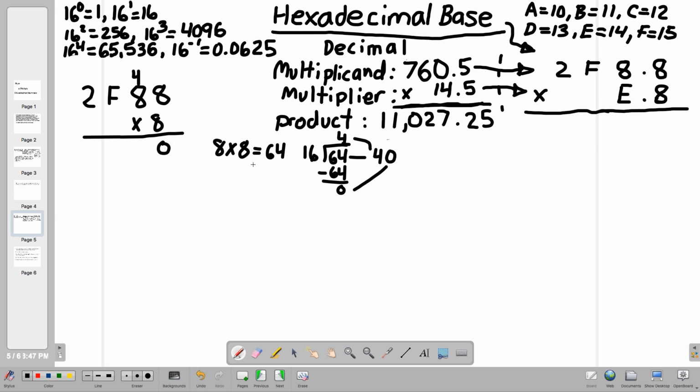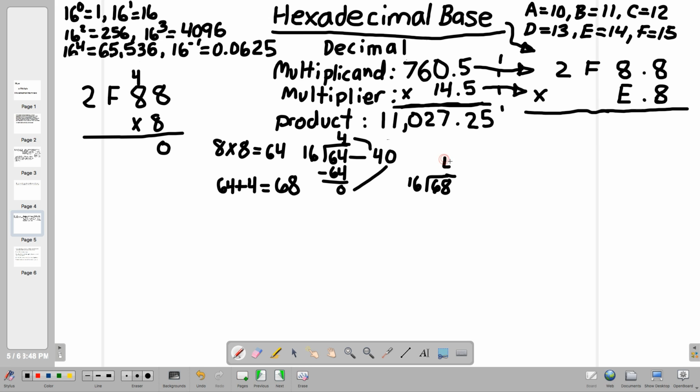And once again, we have an 8 times 8. So we know that that's going to be 64, but this time we have to add the 4 that was carried over. And that comes out to be 68. So we want to convert 68 into hexadecimal. And we do that by dividing it by 16. And so it's the same thing.